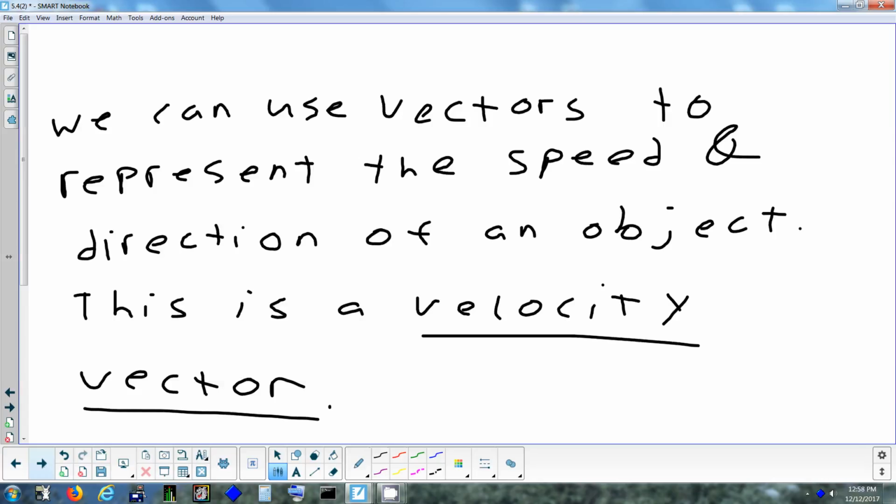If you use a vector to represent the speed and direction of an object, that's the velocity vector. Now, how do you think we could describe the direction of an object, like if we were throwing an object?